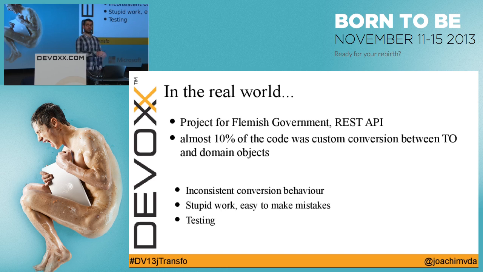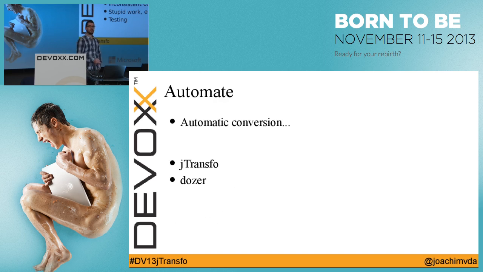As some extra bonuses of all this custom code, there was various inconsistent behavior, sometimes doing domain lookups, sometimes not doing domain lookups, and it was for the developers quite tedious code to write. It required a lot of time to do it. It required a lot of time to do all the tests. You were mostly cut and pasting everything, but still, because you're hardly thinking while doing so, making and fixing mistakes along the way. So, not nice work, definitely not challenging work, not the fun work to do.